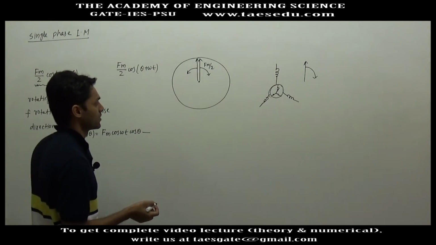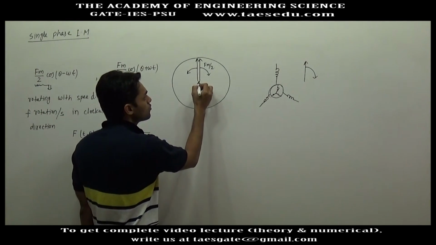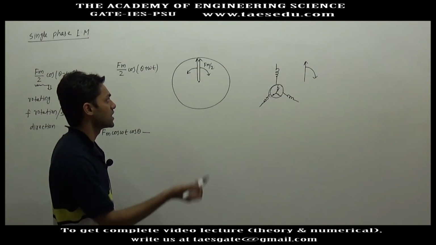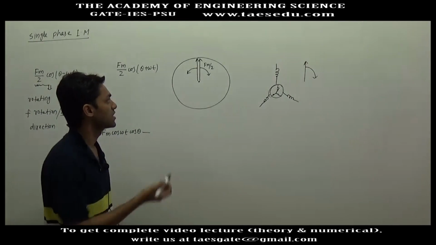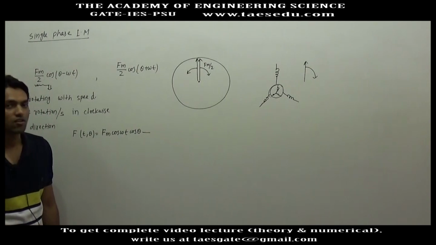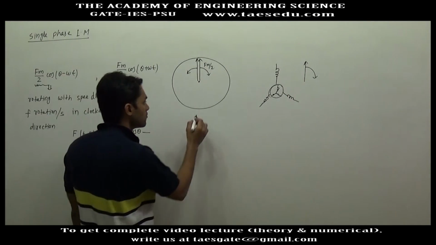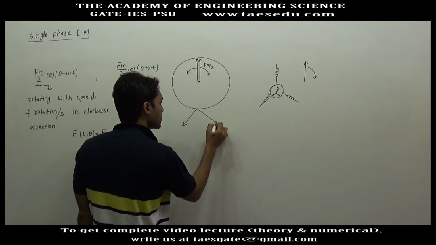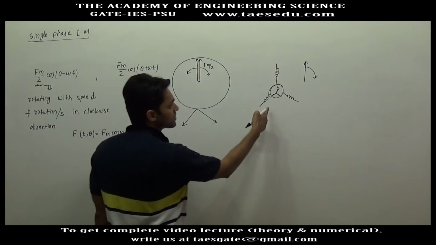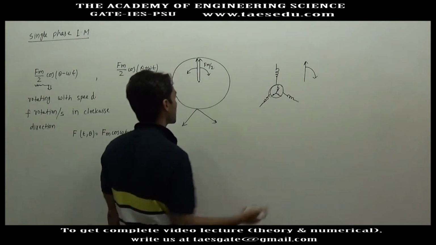In single phase induction motor, we have two rotating stator MMFs. One is rotating in clockwise direction and the other is rotating in anti-clockwise direction. In three-phase induction motor, we have one rotating MMF.